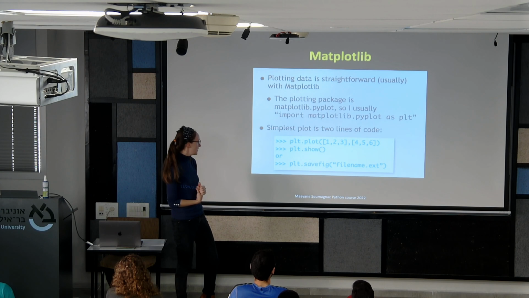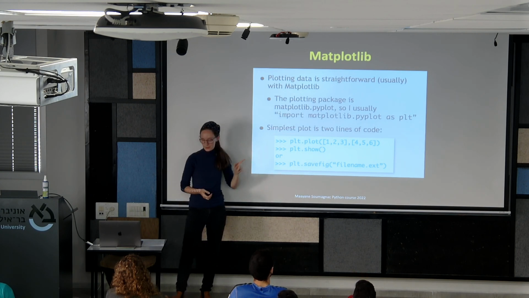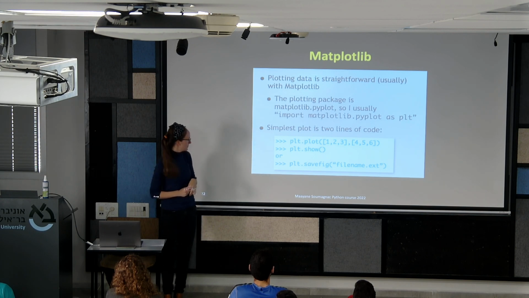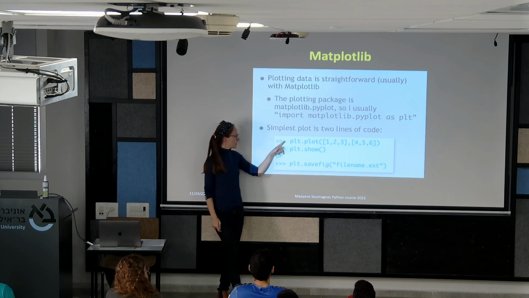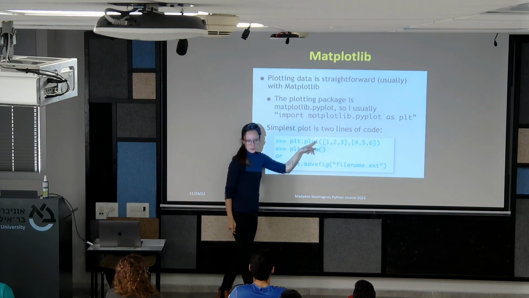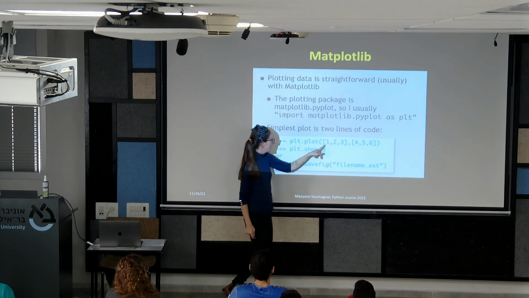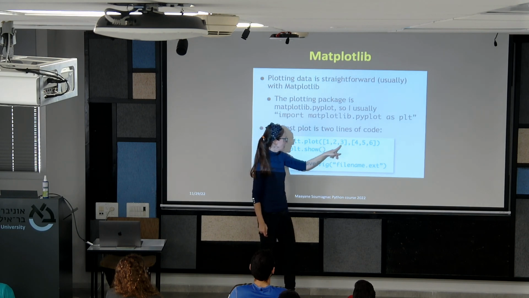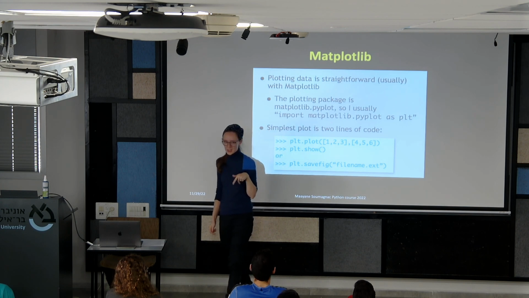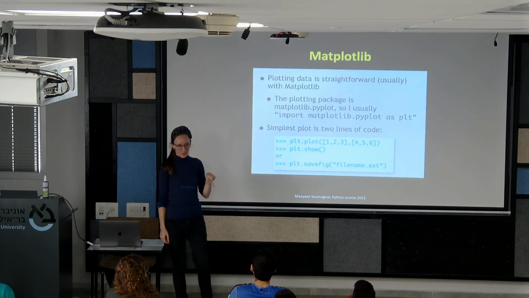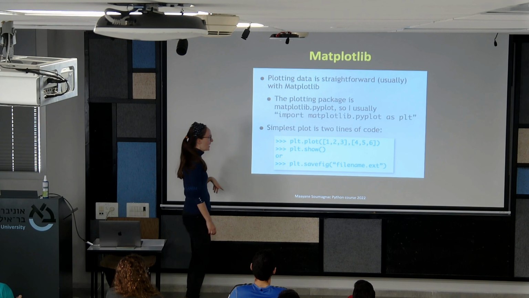And indeed the simplest plot takes 2 lines of code to do. I'll show you an example in a minute. This line is doing the plot. You see that here, these are actually lists, but what Matplotlib is doing in the background is turning your list into a Numpy array.